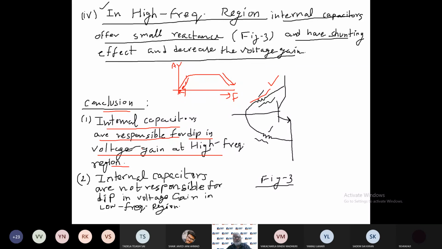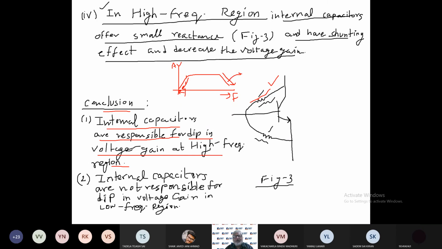So you should very clearly explain why this dip is there. Internal capacitors are responsible for the decrement in the voltage gain at high frequency region.